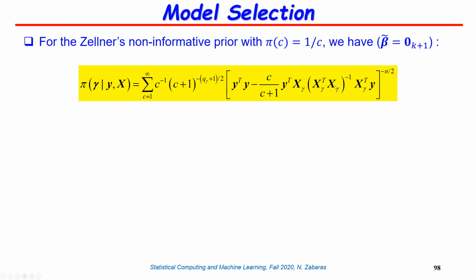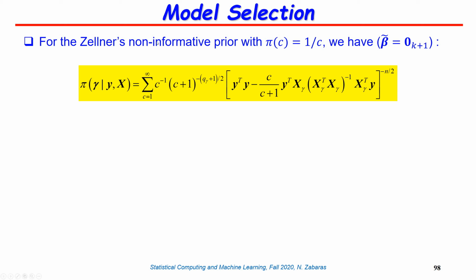This is what I had before, and again, I have dropped tilde of beta and all the tilde of beta with subscript gamma, so that's why none of them comes here. So that's the posterior over models where c has been integrated out, okay?